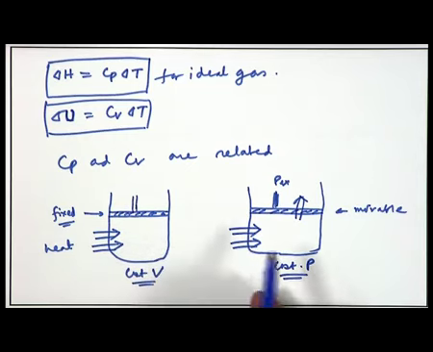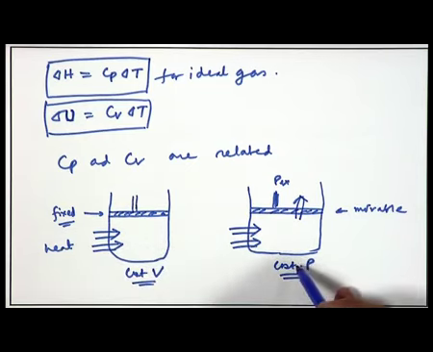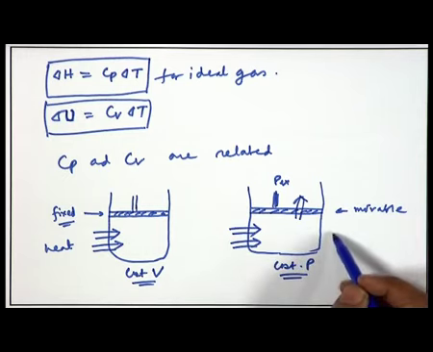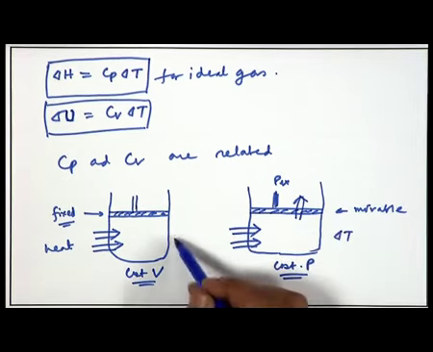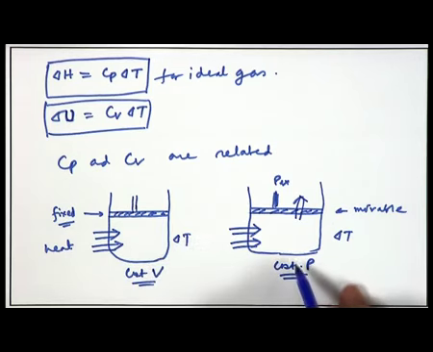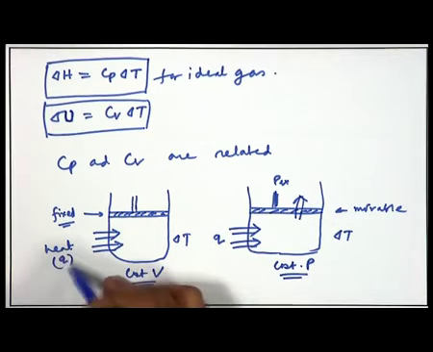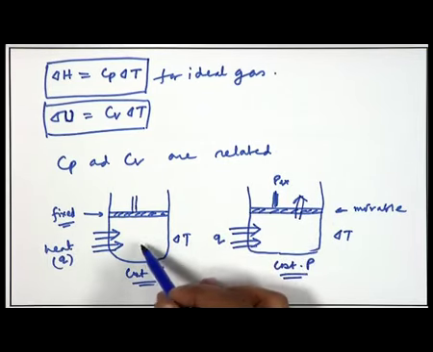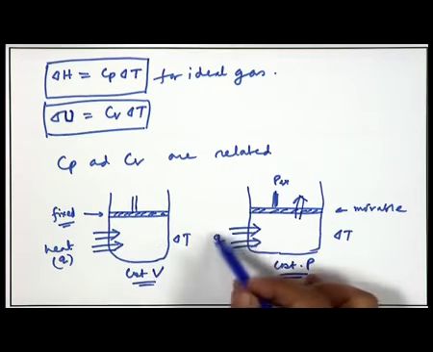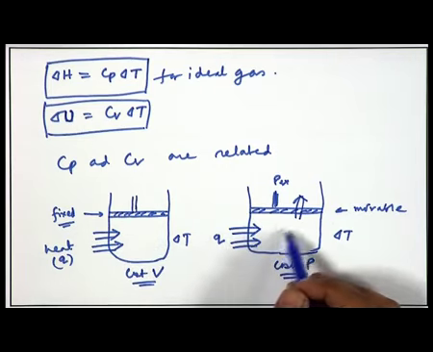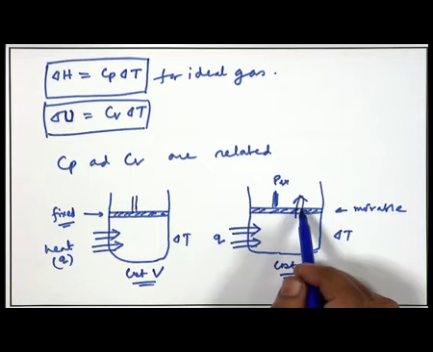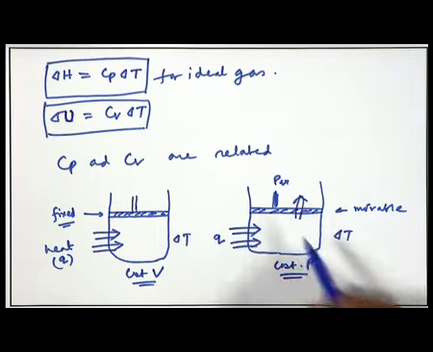So, if you want to increase the temperature by the same del T in both cases, you have to supply more heat here. So, Q has to be more in this case compared to the constant volume case, because part of the Q is lost as the system does expansion work on the surroundings.